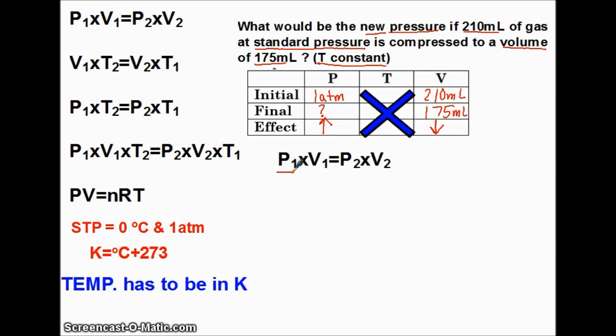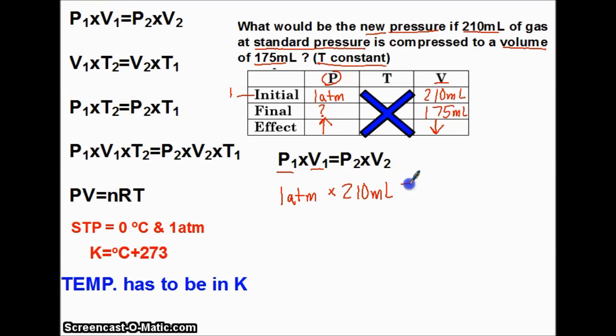So we want the value for P1. Here's P, remember, is our initial. So we have 1 atmosphere times V1. Here's V, our initial, those are our ones, right? So it's 210 milliliters.